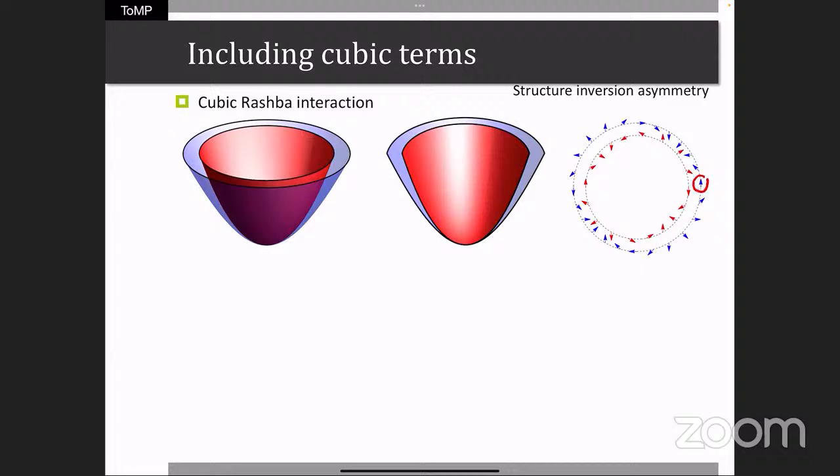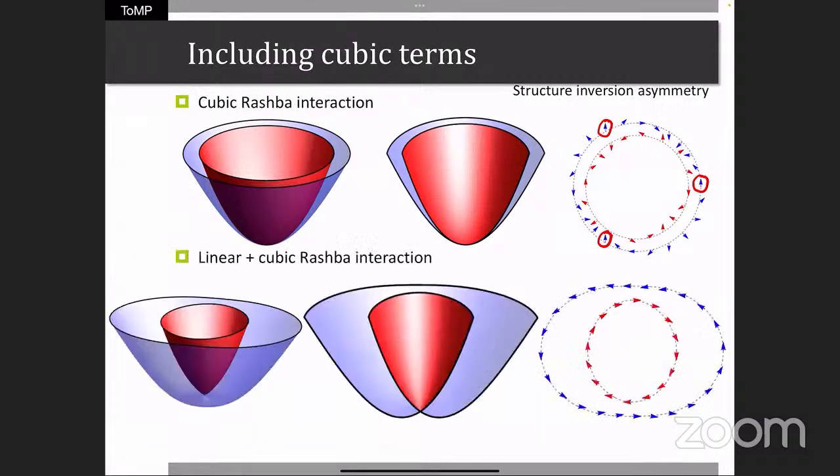Look at this, this, and this. You can see a three-fold rotational symmetry here. If we combine linear and cubic Rashba terms, we find a little bit of distortion, and only one-fold rotational symmetry of the spins is observed.